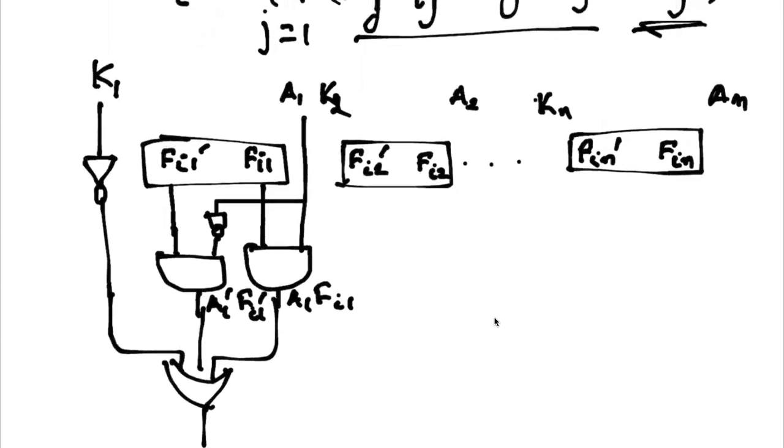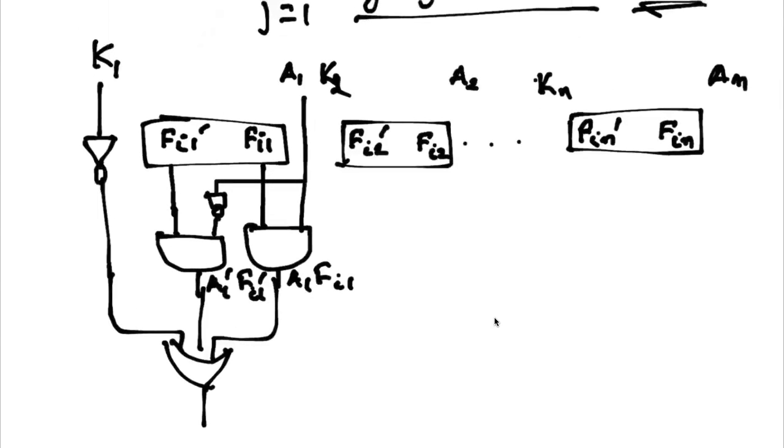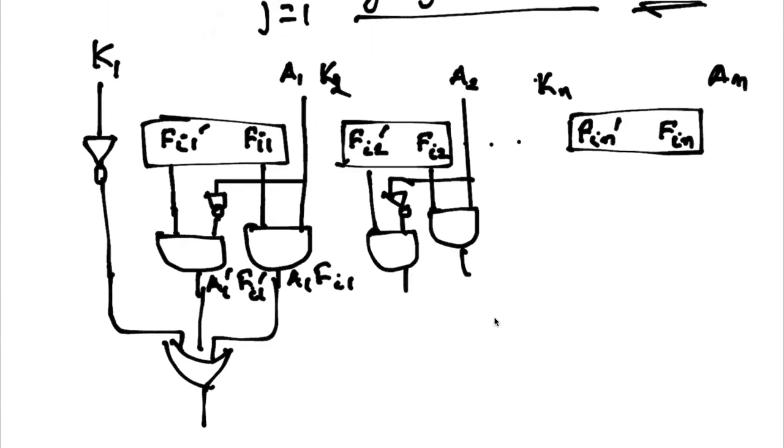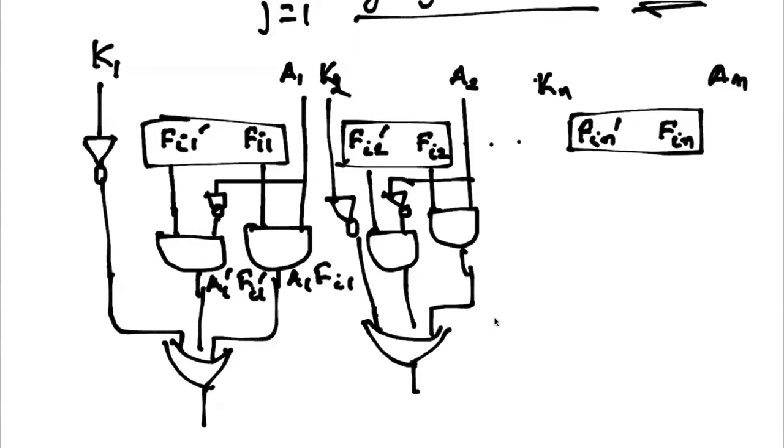That is A2 and Fi2, A2 dash, Fi2 dash, and K2 dash, and again an OR of all of this.